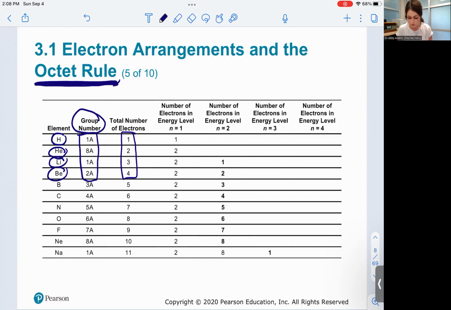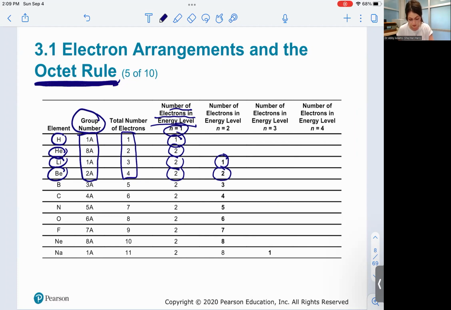All right. So the number of electrons that are going to be in energy level 1 for hydrogen is going to be 1. For helium, lithium, and beryllium, it's 2. All right, so that is the number of electrons in the energy level for 1. And then lithium is going to have electrons in 2, and beryllium is going to have 2 electrons in the second energy level.